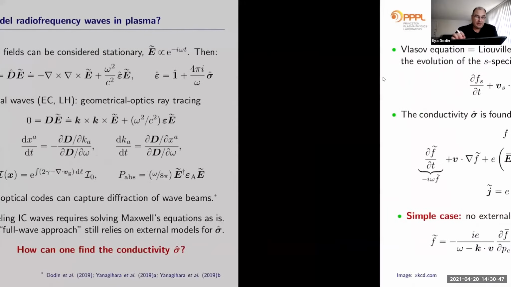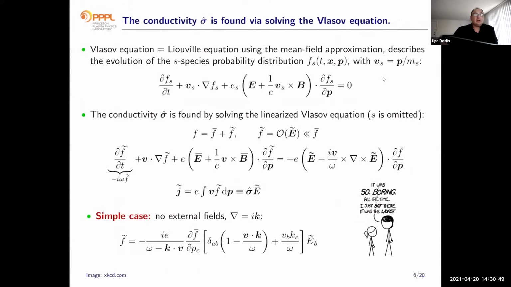This is actually trickier than people usually think. In the general case, what you need to solve is the Vlasov equation, which is basically the Liouville equation in the mean field approximation. It's an equation that describes the distribution function of each species. So you have this equation for electrons and all types of ions separately.